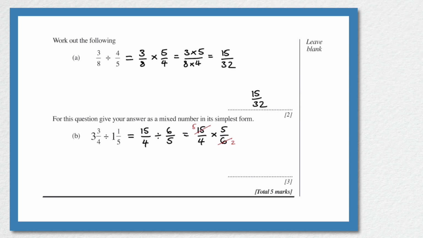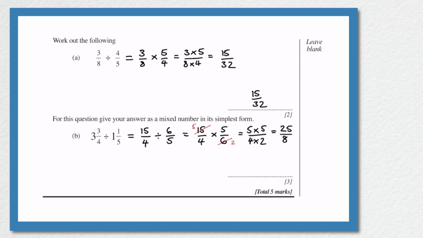So we now have the calculation 5 over 4 multiplied by 5 over 2. So this is equal to 5 multiplied by 5 over 4 multiplied by 2, which is equal to 25 over 8. We can't simplify this fraction any further.